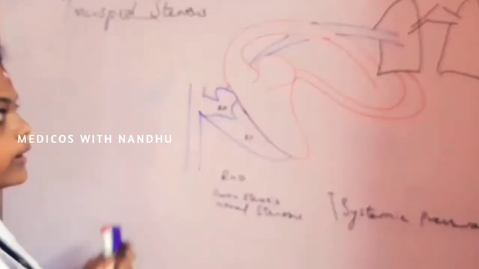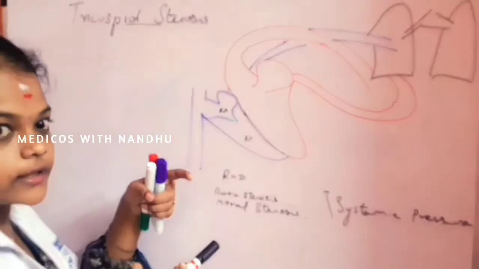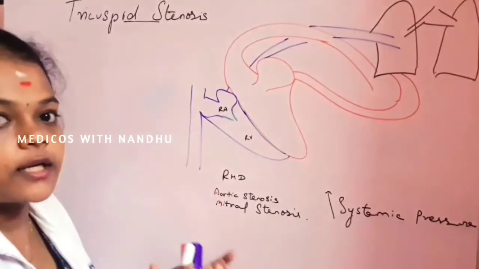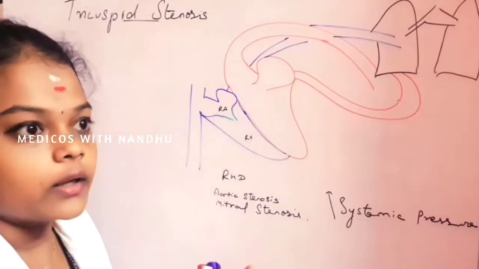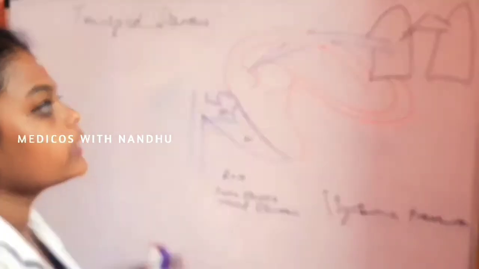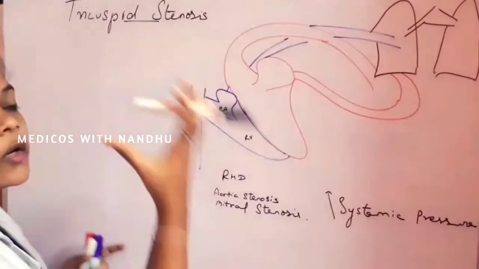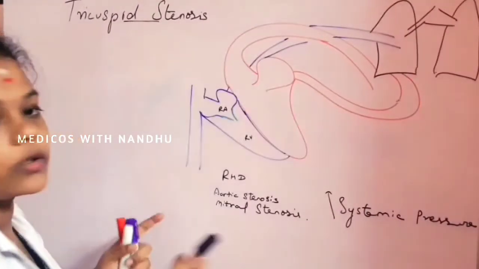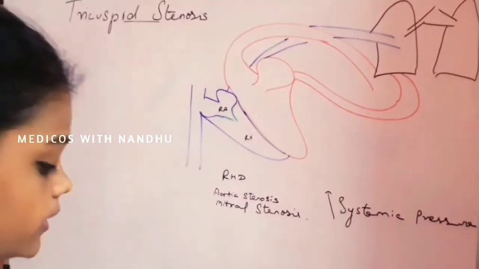Left ventricle blood flow decreases, the pulmonary artery does not get enough blood, and cardiac output is decreased. This is the pathophysiology that takes place here.